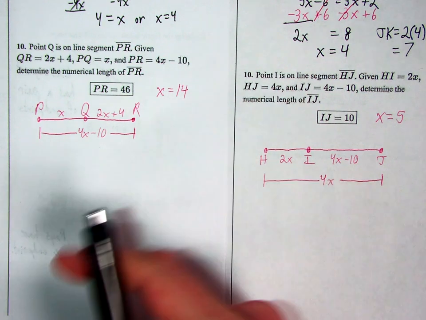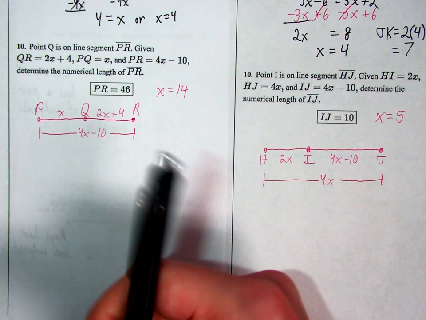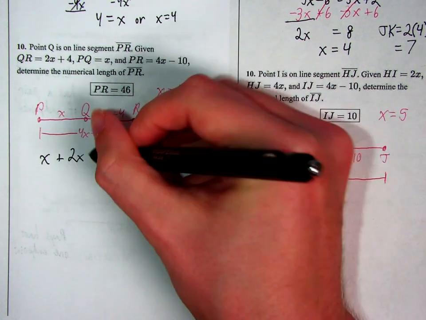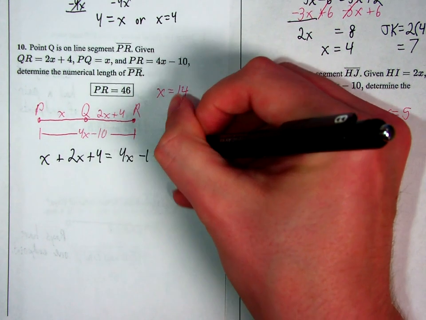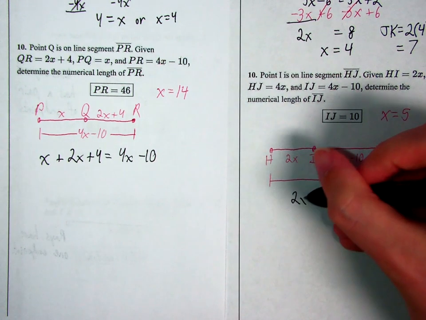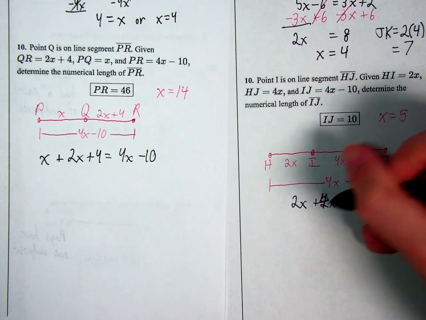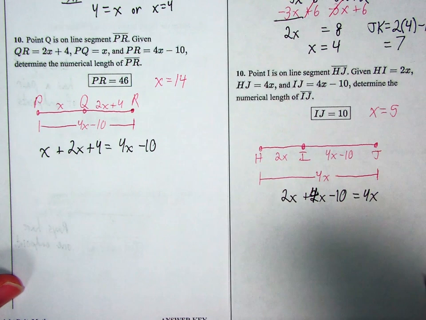The equations you could have written, once simplified, are x plus 2x plus 4 equals 4x minus 10, and 2x plus 2x plus 4x minus 10 equals 4x.